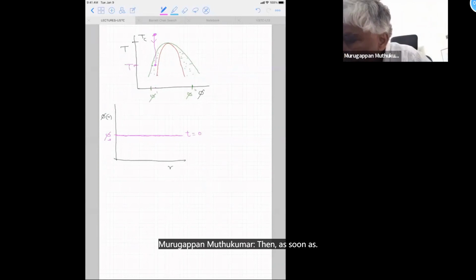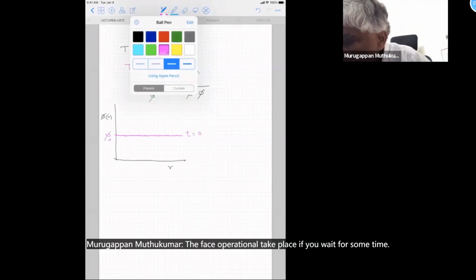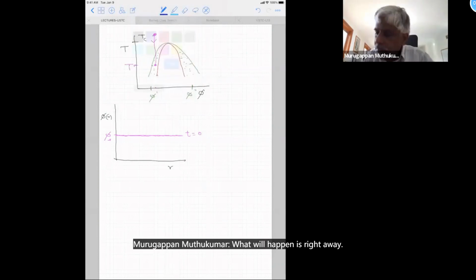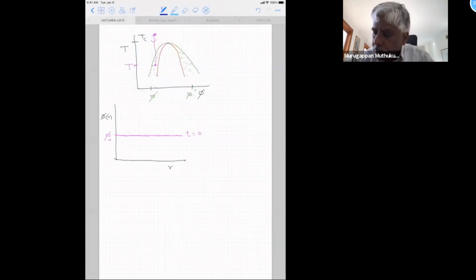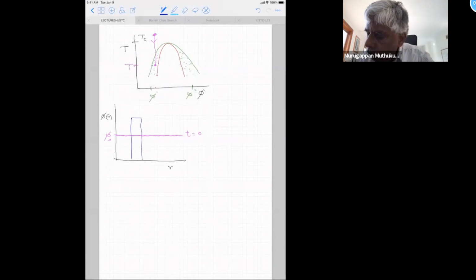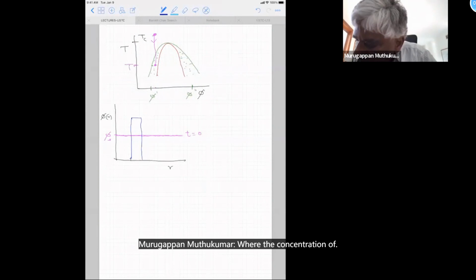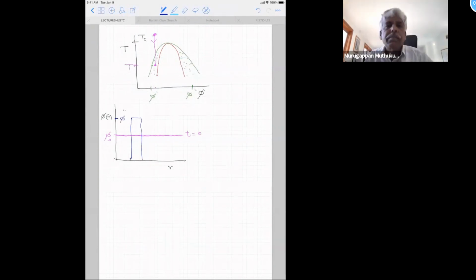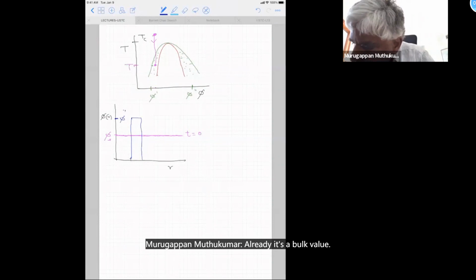Then as soon as the phase separation takes place, if you wait for some time, what will happen is, right away, you will make a nucleus where the concentration of that nucleus is phi double prime. Already it's a bulk value.